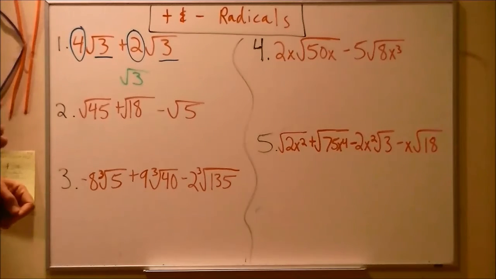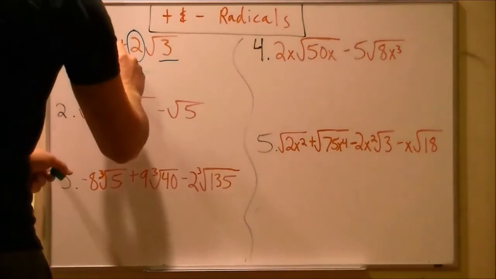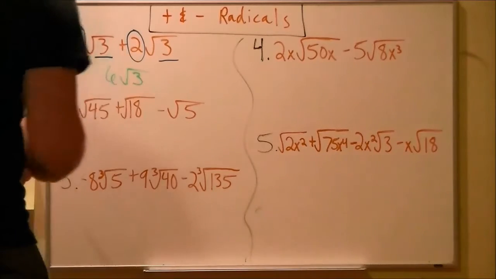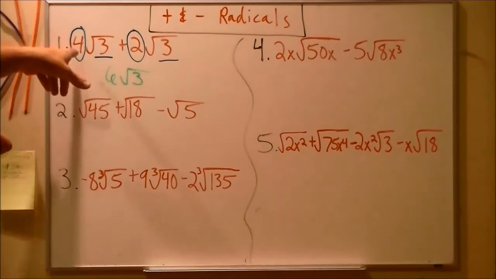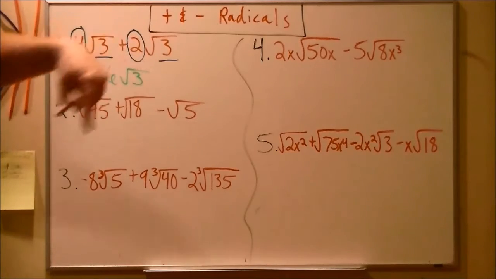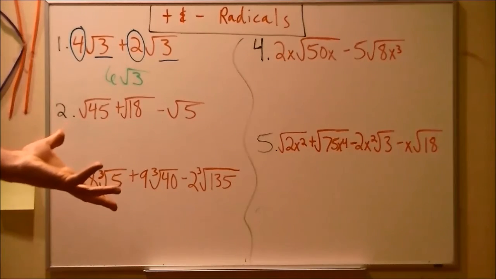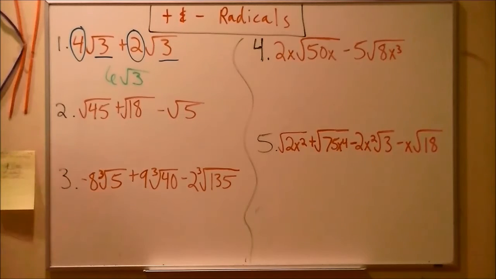What's 4 plus 2? 4 plus 2 is 6. Therefore I am done. 4 square root of 3 plus 2 square root of 3 is simply 6 square root of 3. Guys, that's so easy a caveman or a woman can do it. So that's not a big deal.